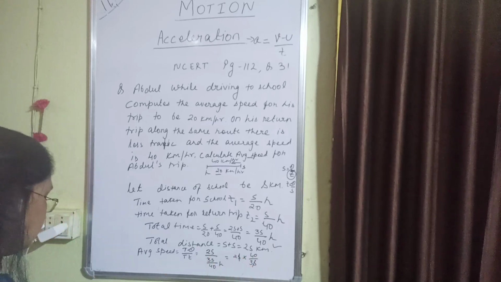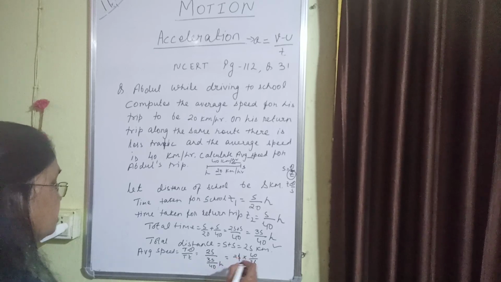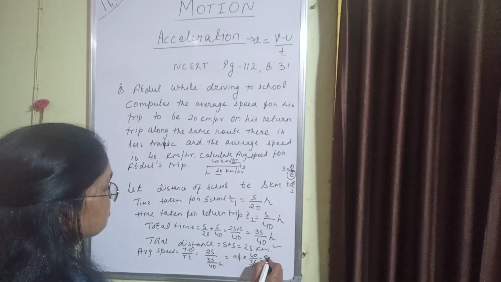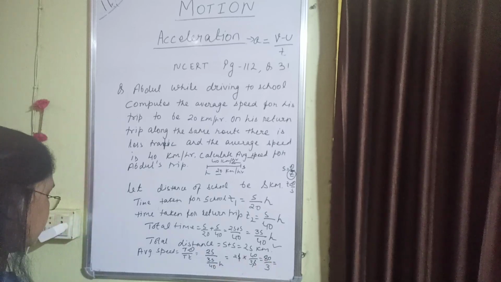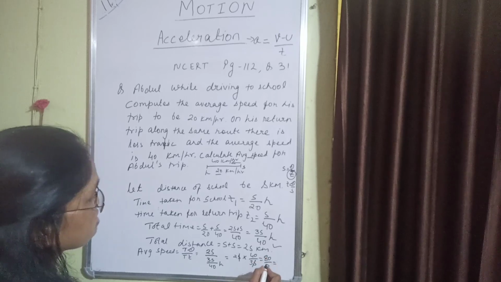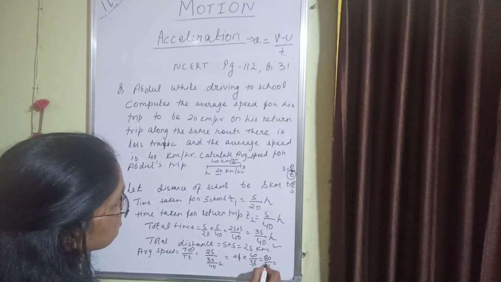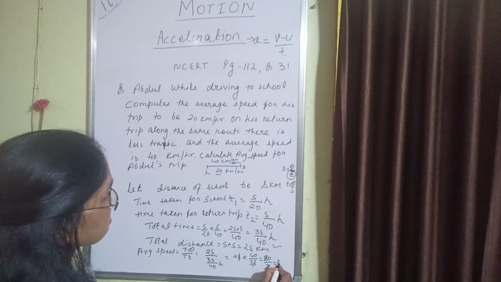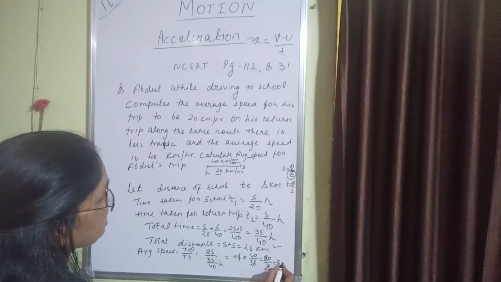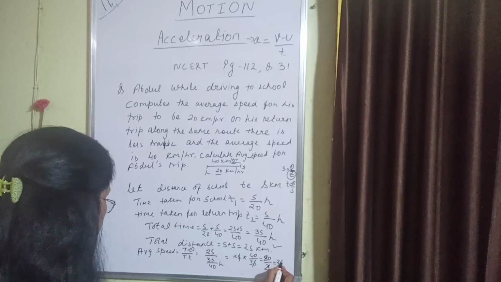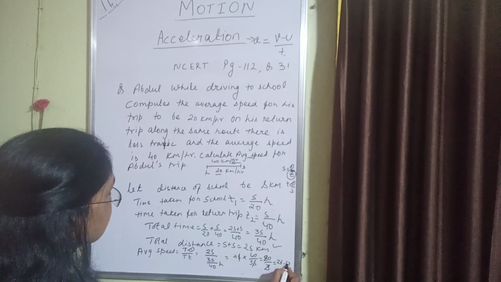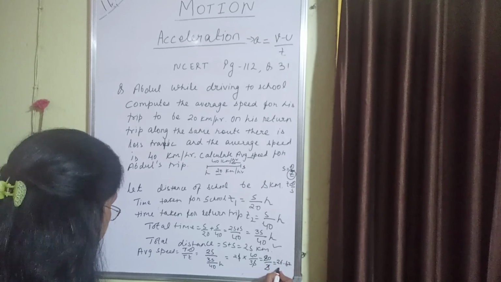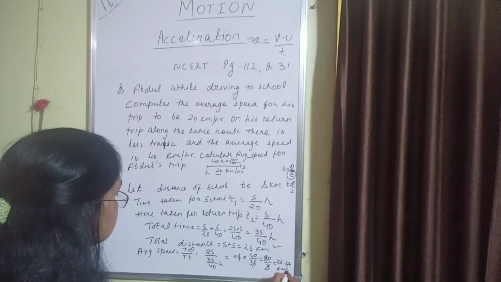S cancels, and 2 fours are 8, that is 80 by 3. If you divide 80 by 3, you get almost 26.67 kilometer per hour.